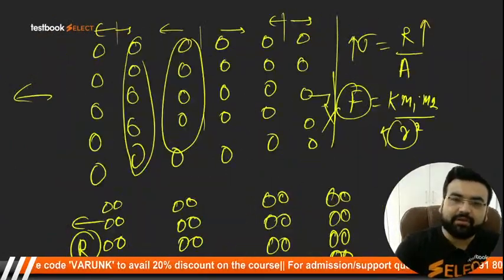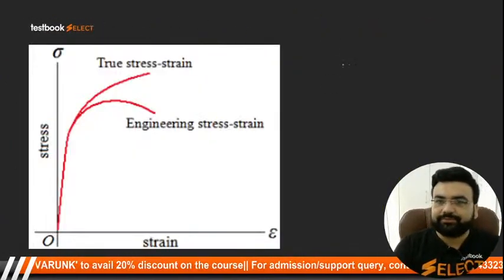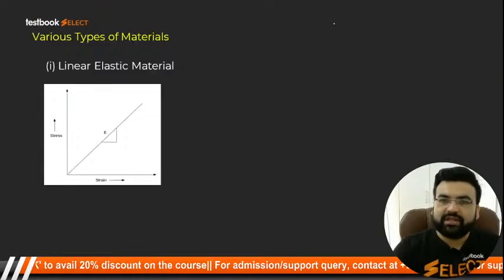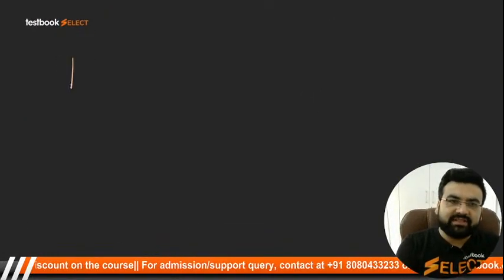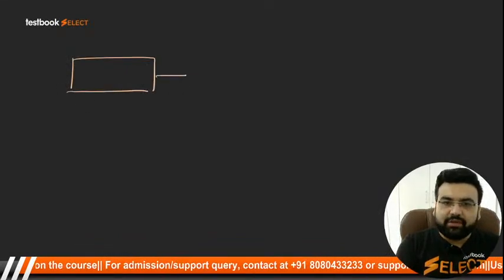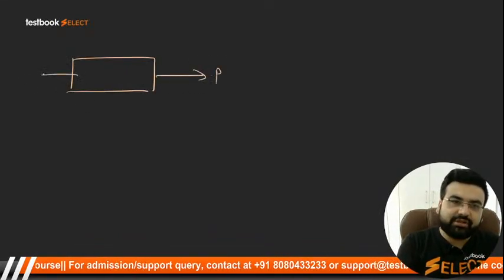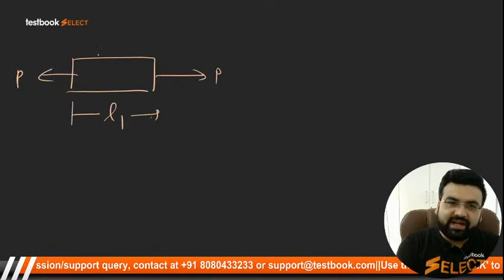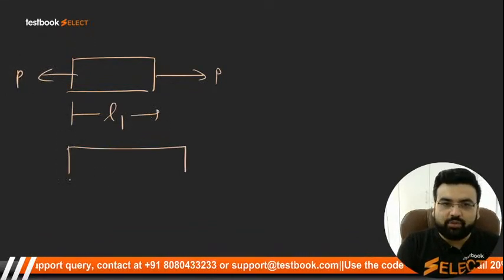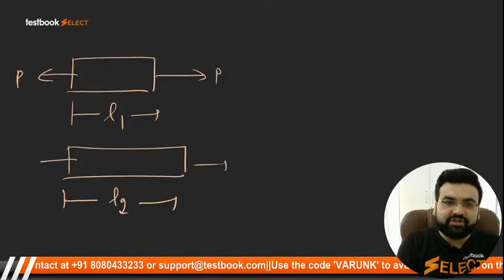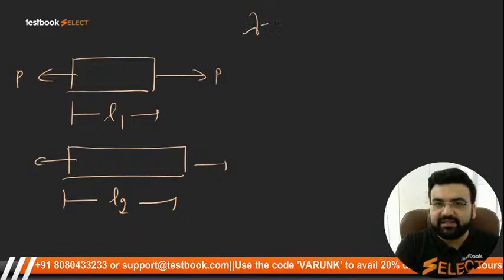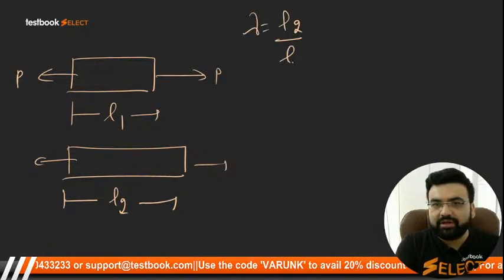For example, students, let us say this is a material. If you apply some load in this direction, P and P, this is my L1, and after some time it becomes L2. Then the stretch ratio is defined as nothing but L2 upon L1.